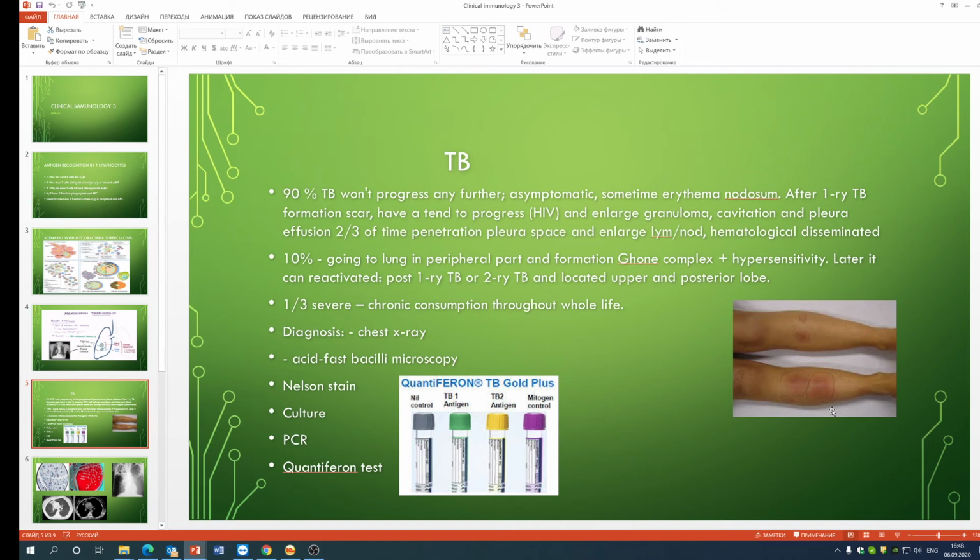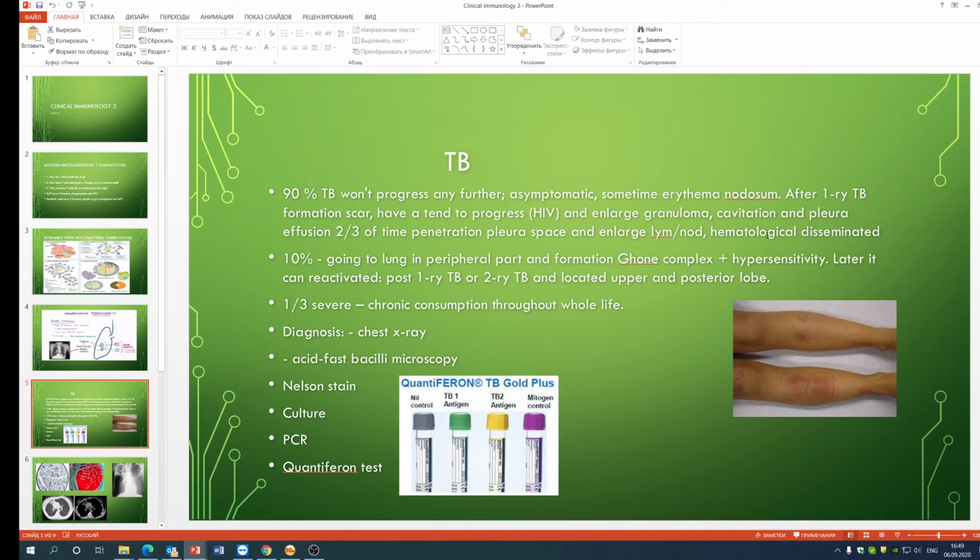Erythema nodosum is not only in tuberculosis; it may accompany other diseases such as sarcoidosis, histoplasmosis, and sometimes primary tuberculosis conjunctivitis.